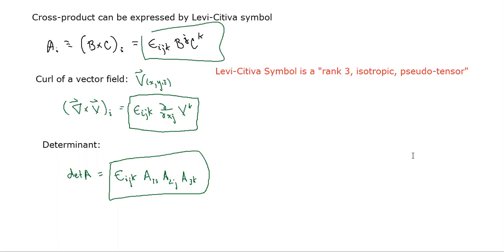Okay, so we'll do this just to finish today. So a little bit of terminology and just kind of stylistically how you would prove some of this stuff. So you know about rank. So isotropic, from a physicist standpoint, isotropic means same in every direction.